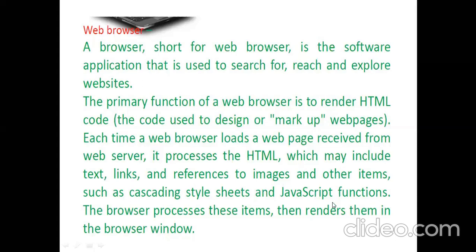Also, a web browser is a software application which helps in rendering HTML documents, which can contain links, text, images, videos, graphics, CSS, JavaScript, and many more. All of that is rendered by the web browser so that we can see it in human understandable language. So this is what your web browser is.